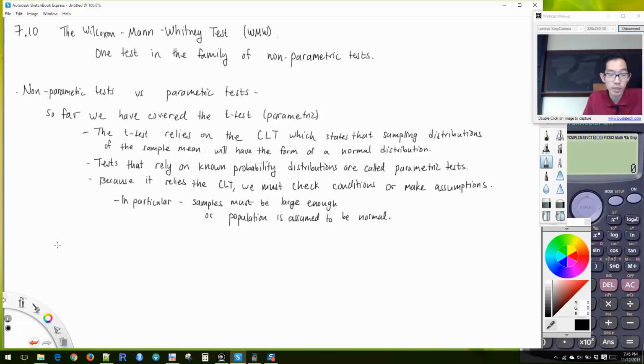Okay. So in cases where this condition is not met, or we don't want to make this assumption, we turn to nonparametric tests.